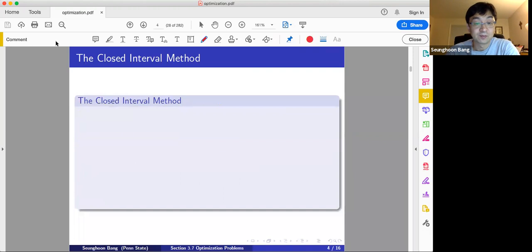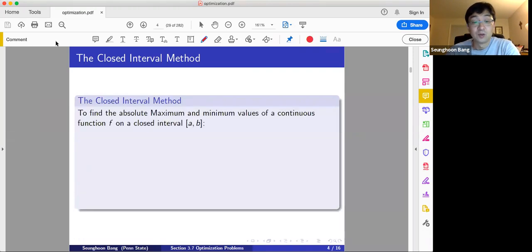So what is the closed interval method? We use it to find the absolute maximum and minimum values of a continuous function f on a closed interval [a, b].